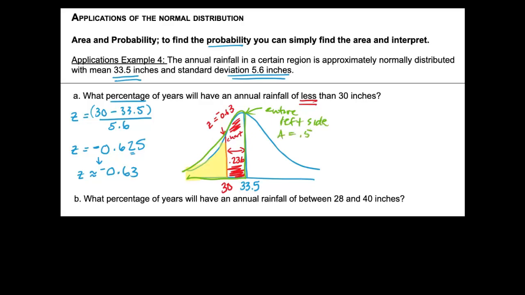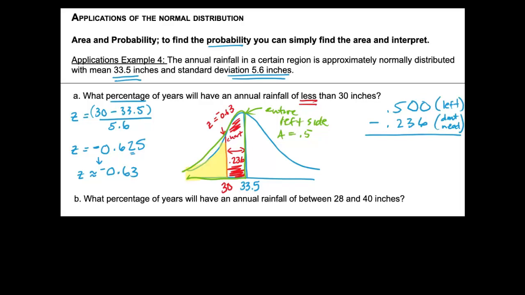So if I take 0.500, that's the whole left side, and I subtract 0.236, which is what I don't need, because I only need the part shaded in yellow, then that will give me what I do want.